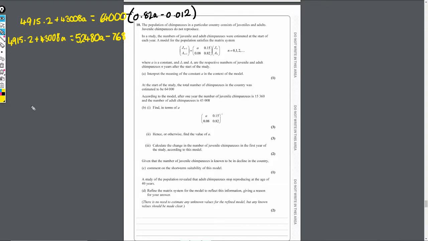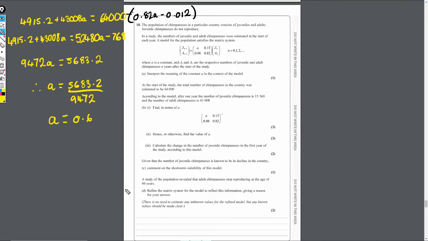Solving this now, I'm going to get 9,472 A is equal to 5,683.2, and therefore A must be equal to 5,683.2 divided by 9,472, giving us 0.6. Okay, so there's our value for A.